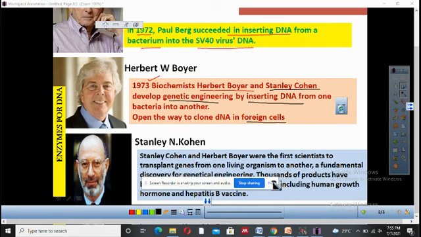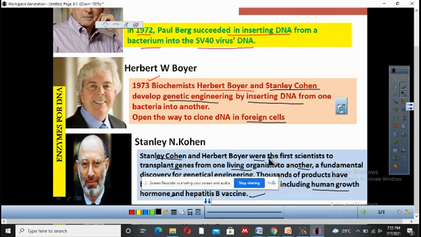And later on, Stanley Cohen and Herbert Boyer transplanted genes from one living organism to another, and this has led to the production of human growth hormone and the hepatitis B vaccine.